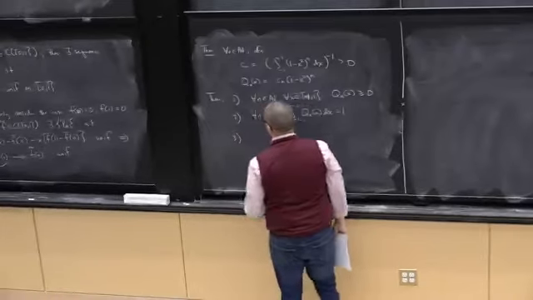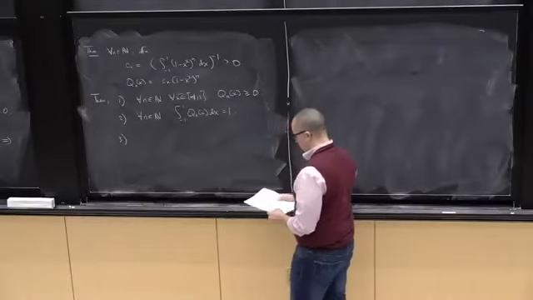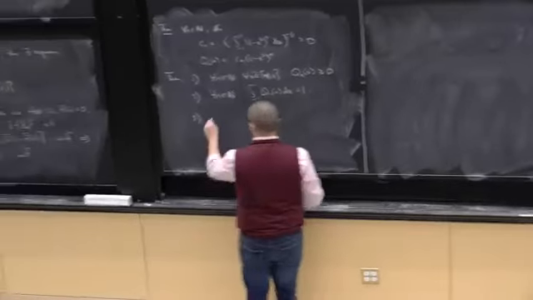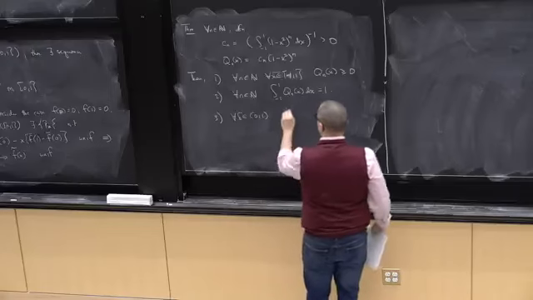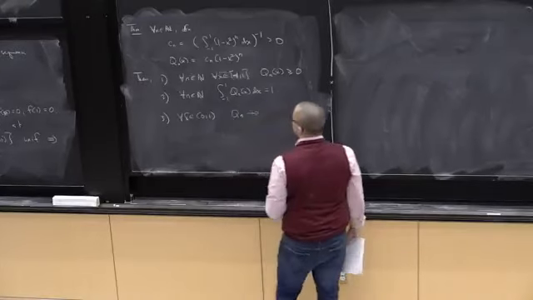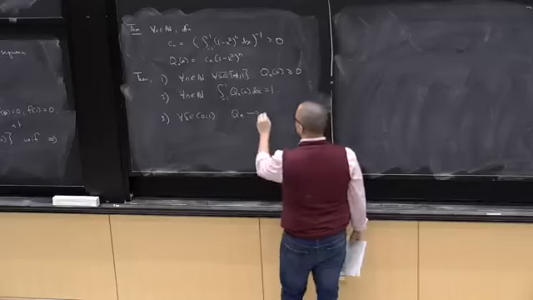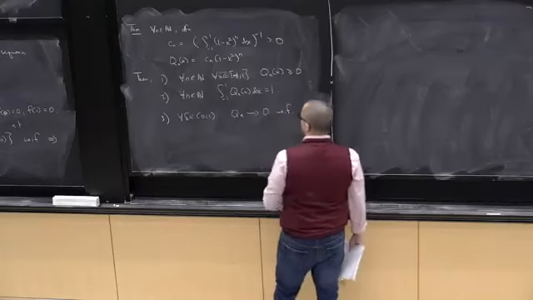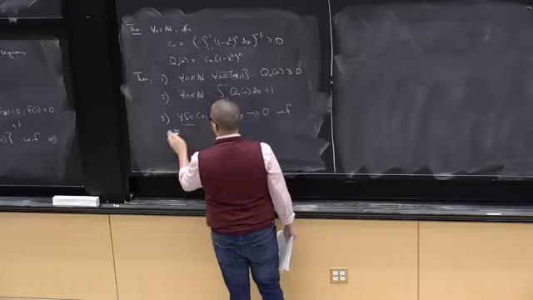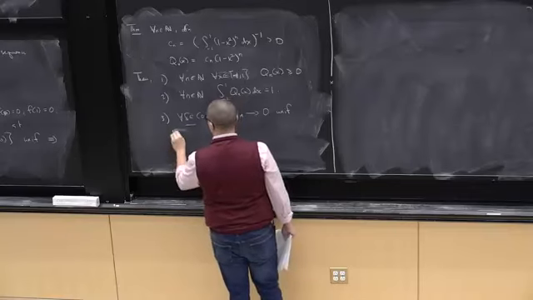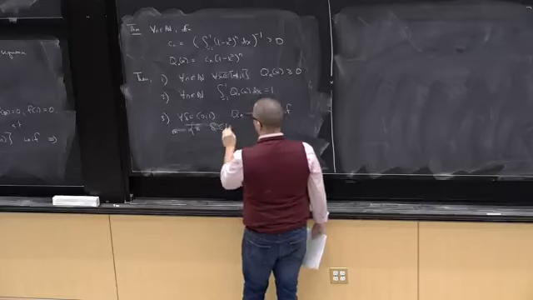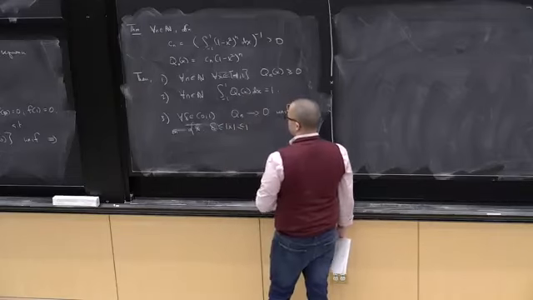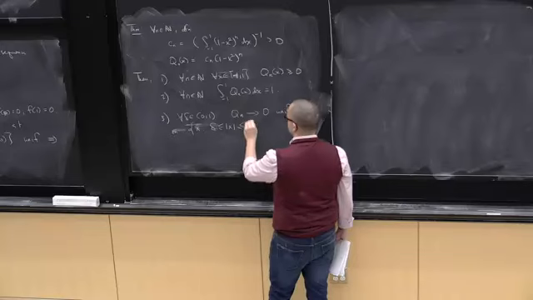Now the third and less trivial thing, which is important, is that for all delta in 0, 1, this function q sub n, I mean, this is just a polynomial, converges to 0 uniformly on the set of x such that delta is less than or equal to the absolute value of x is less than or equal to 1.